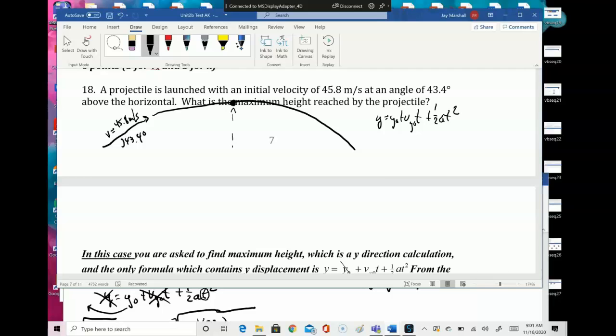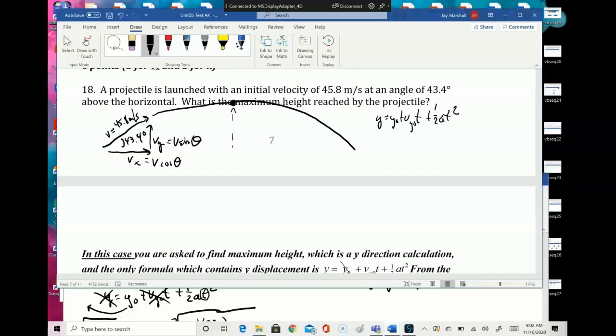I would still go ahead and find Vx and Vy. You're only going to need Vy in this case, but I would still appreciate it if you went ahead and found Vx. And Vx is going to be equal to V cosine of theta, and Vy is going to be equal to V sine of theta.